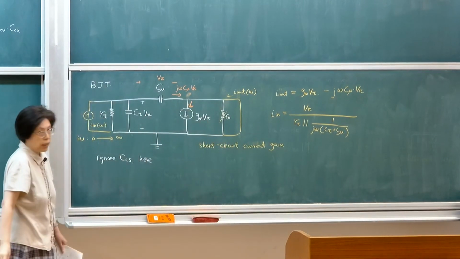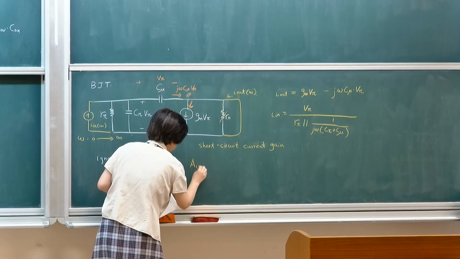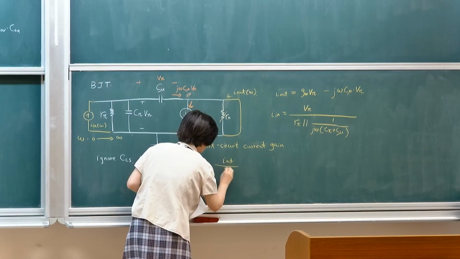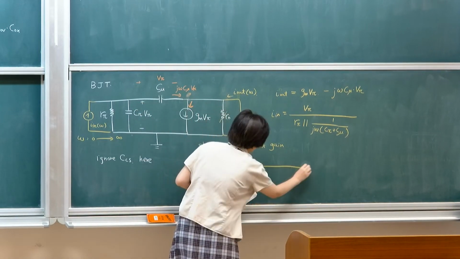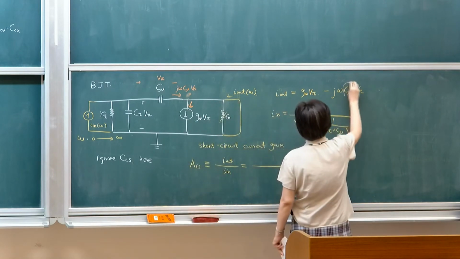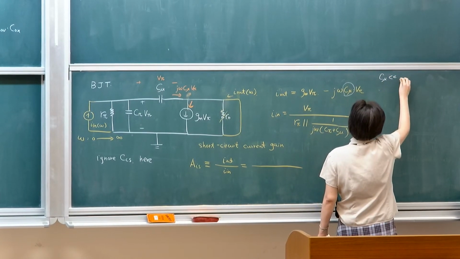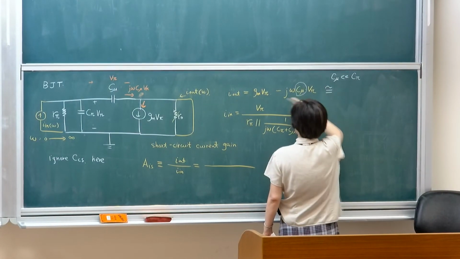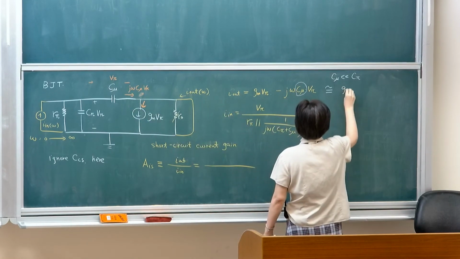So your short circuit current gain should be defined as AIS, I out over I in under this test condition, which will be approximately, in this term, because we're assuming that C mu is much, much smaller than C pi, we can sort of ignore this feed-forward component at the beginning first.